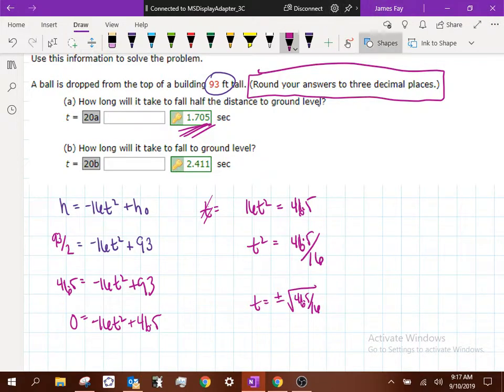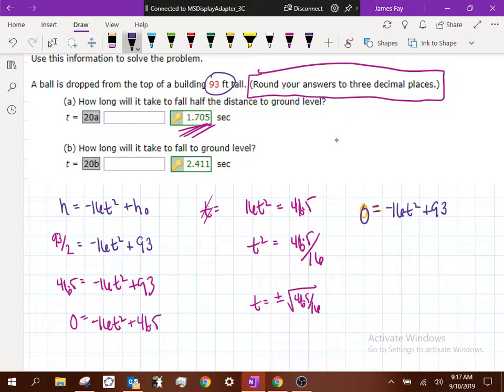So I'm going to start with this purple equation here and rewrite it as 0 equals negative 16 t squared plus 93.